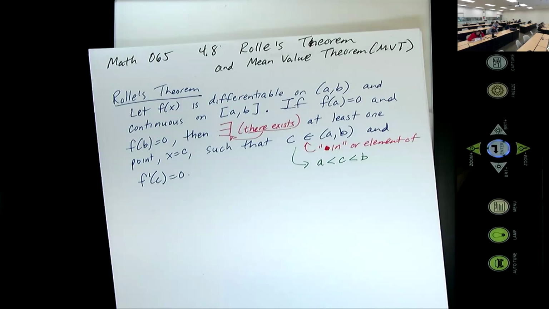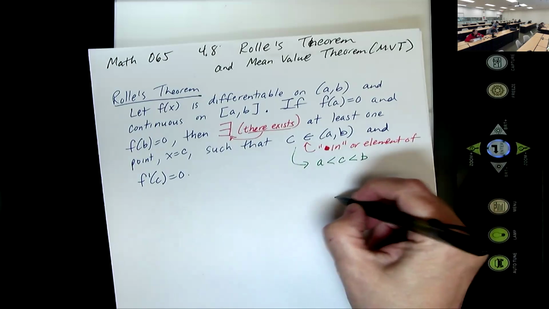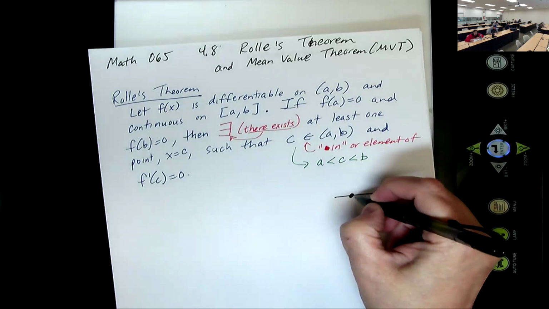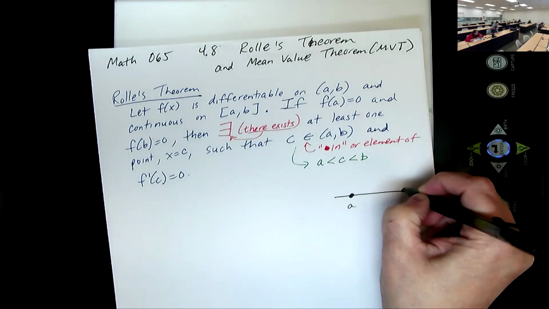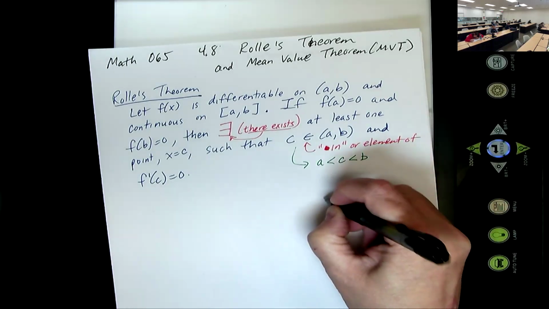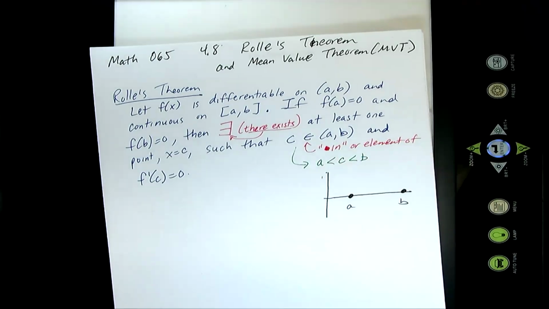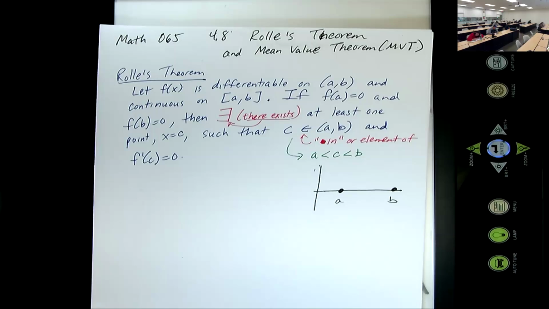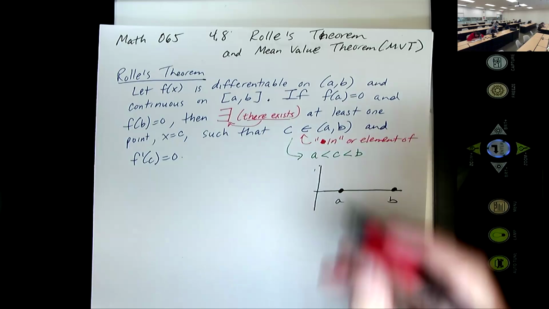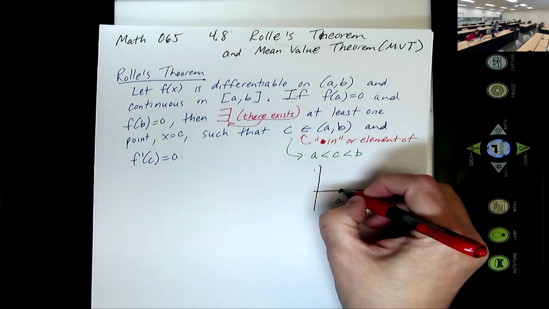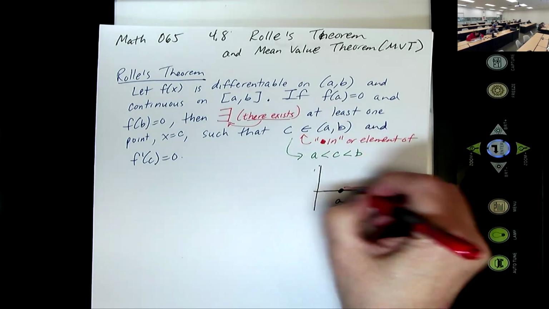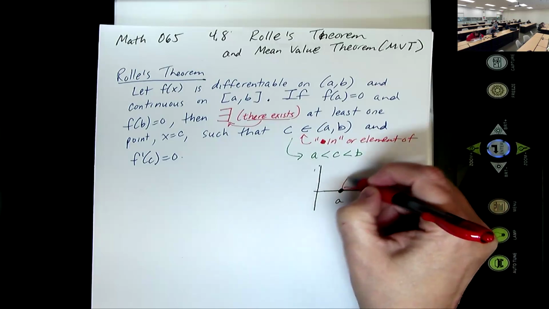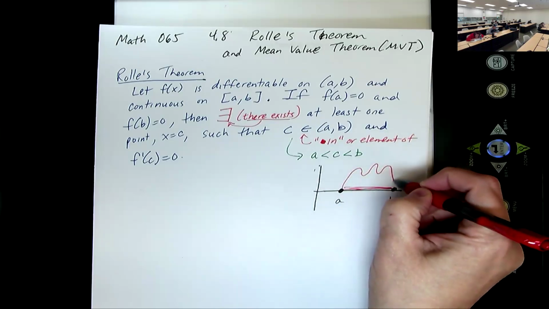The words, if you see a picture, you'll be like, no kidding. So here's A, here's B, and we have some function. It could go straight across, it could go up and wiggle around and come back down.